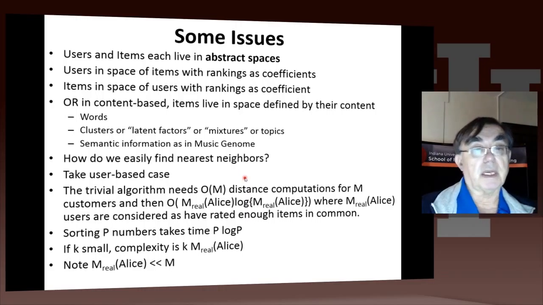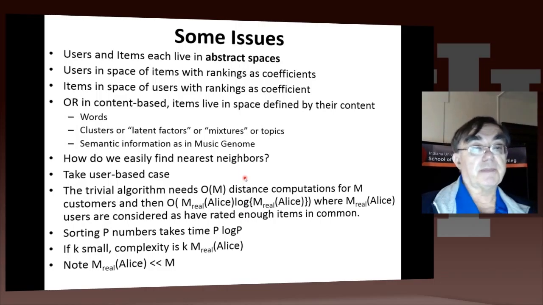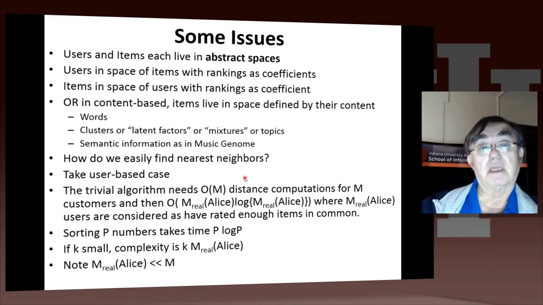We've already pointed out the quite interesting issues about spaces. Users, of course, live in a space of items with rankings as coefficients. Items live in a space of users with the same rankings as coefficients. Those are sort of dual to each other.